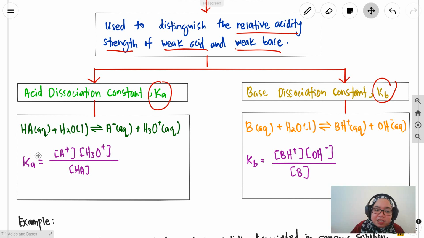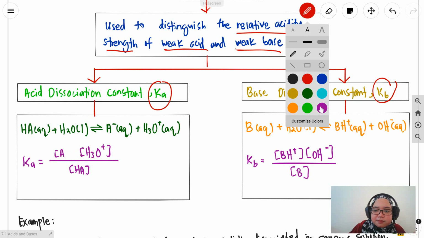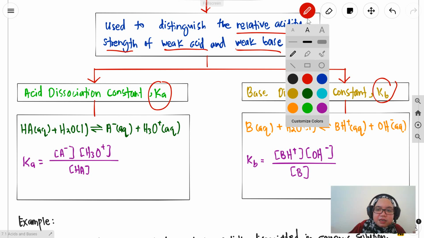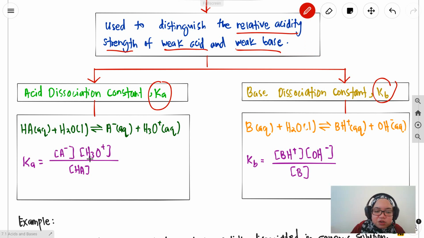So here the acid dissociation constant Ka is equal to concentration of A minus times concentration of H3O plus divided by concentration of HA. So this is the expression for Ka.